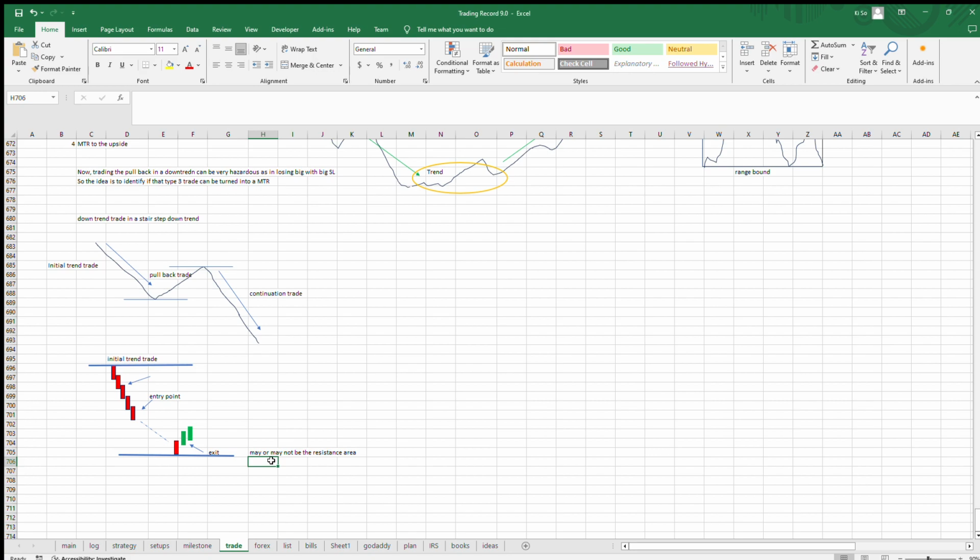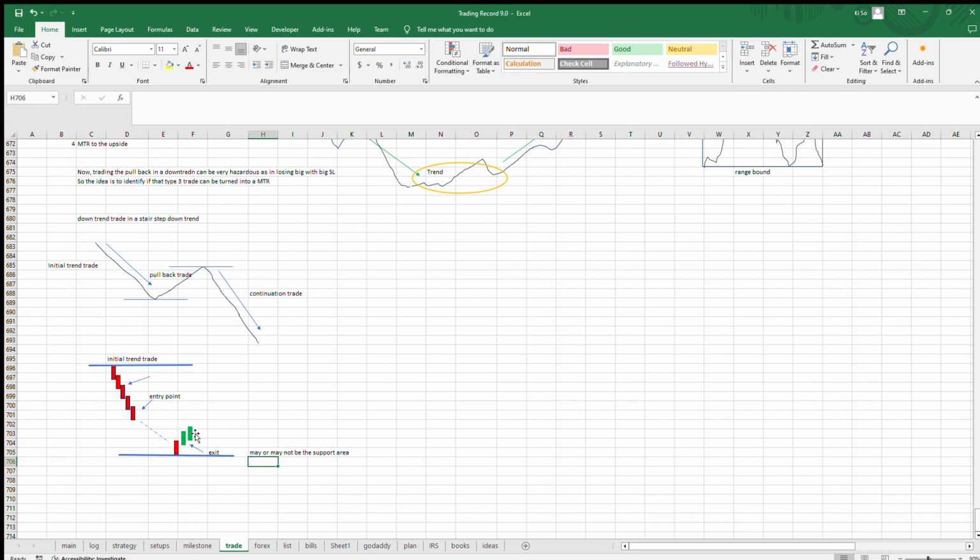In this case, because it's downtrending, this may or may not be the resistance area. Now this is going to be, when it's downtrending there, it's going to be resistance. Oh, support. Okay, when it comes back here, it may or may not be.